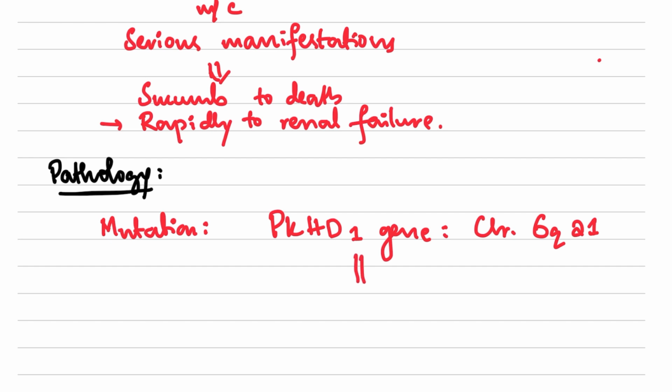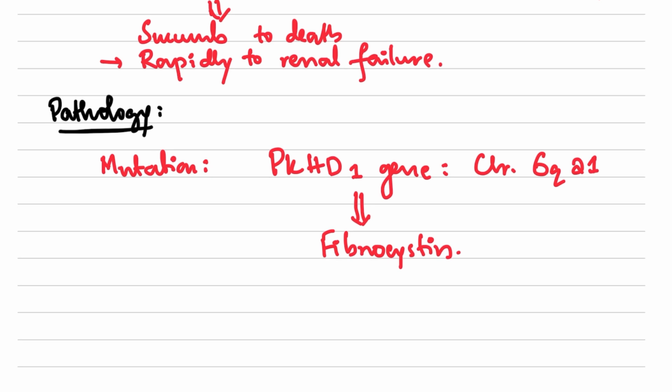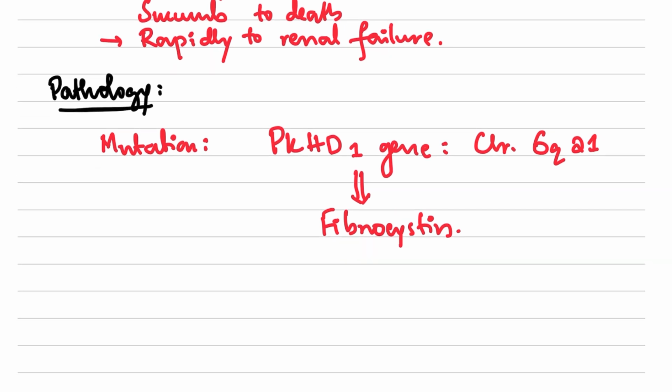And this gene is associated with a protein called fibrocystin. It has a similar mechanism of action, as I just told you in the adult polycystic kidney disease, of how it leads to polycysts in the kidney. So please watch that lecture.